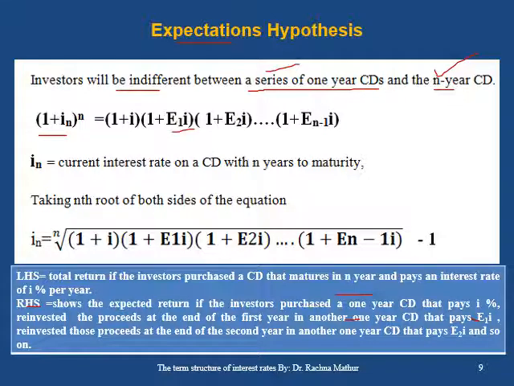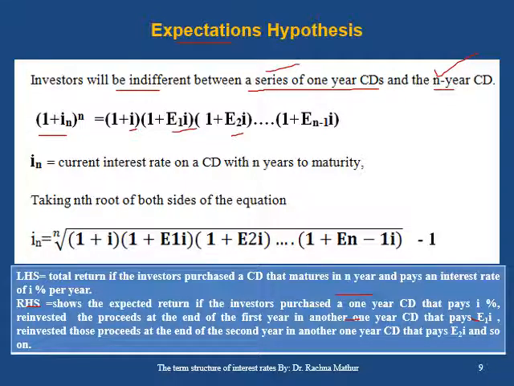E1I%, reinvests those proceeds at the end of the second year in another 1 year certificate of deposit that pays E2I, and so on. So for the first year I%, for another year E1I, for another year E2I, and so on.